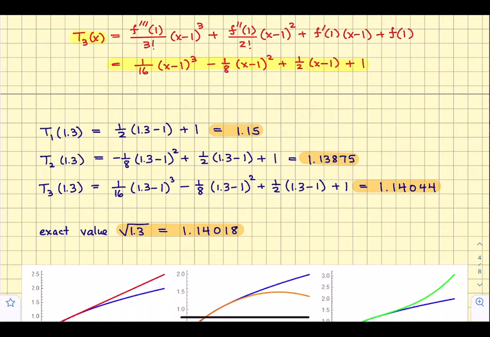We've already calculated these above, so we take f triple prime at 1 and divide by 3 factorial, remember that's 3 times 2 times 1, and that comes out to be 1/16. f double prime at 1 over 2 factorial gives minus 1/8. f prime at 1 gives 1/2, and f of 1 was 1. So here is the third degree Taylor polynomial, T3 of x, for this function.